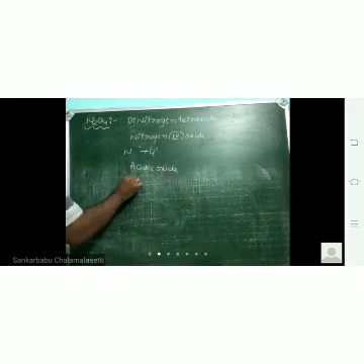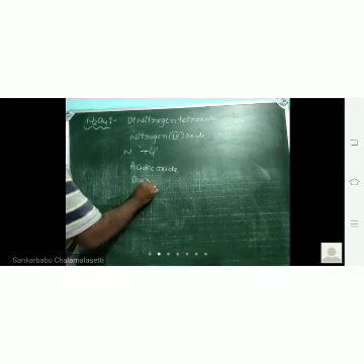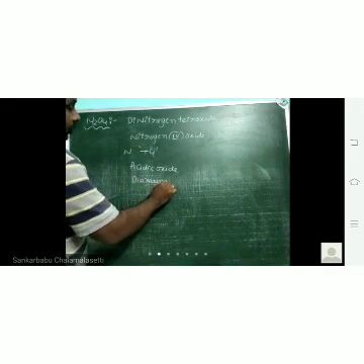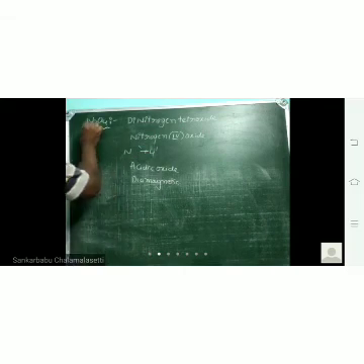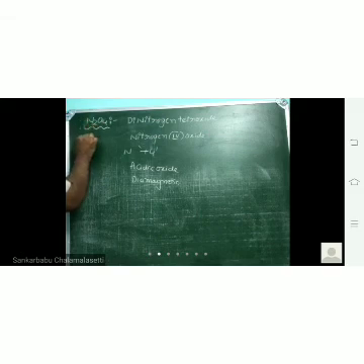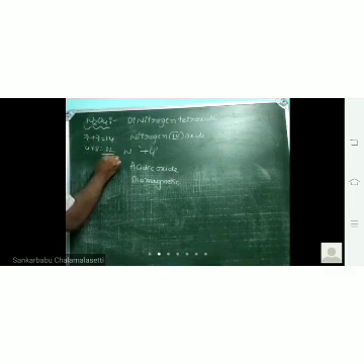Again it is diamagnetic, because here there is an even number of electrons. Nitrogen 7 plus 7, 14. Oxygen 4 into 8, 32. So you will get an even number. So when the total number of electrons in the molecule is even, then it is diamagnetic.